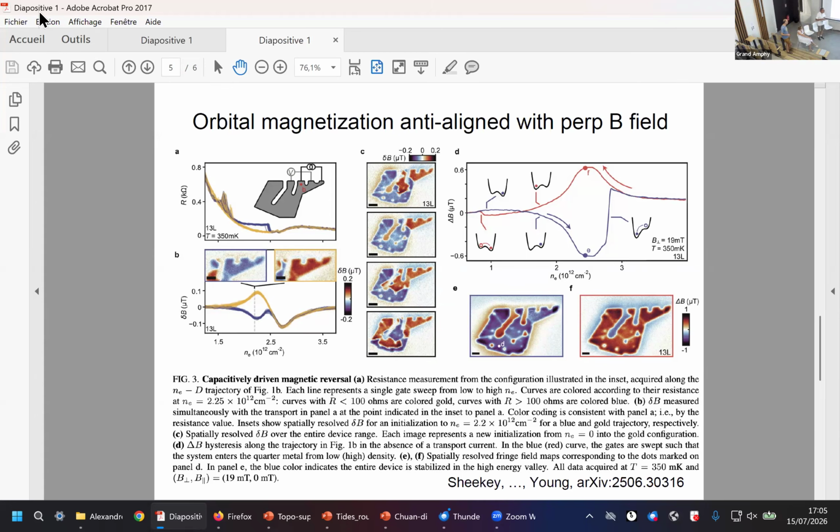Now, apparently, there are domains in the contact. So it depends on the shape. So these two pictures correspond to these two points, where this one is well aligned with the external field, and this one is anti-aligned. But here you have some island too. Yes, look at the sample. No, there are no islands in the sample. So you have a socket, but no island.